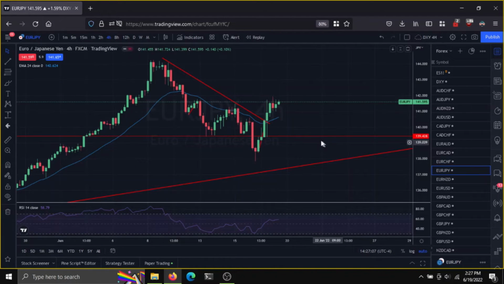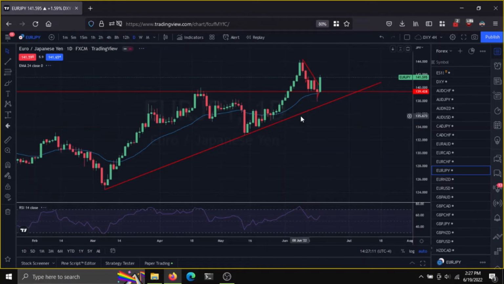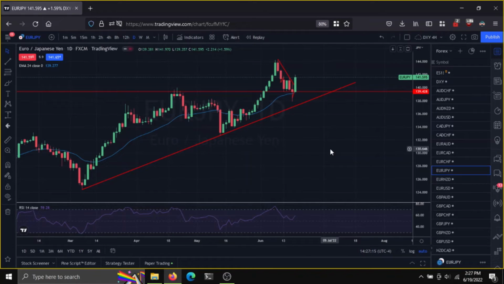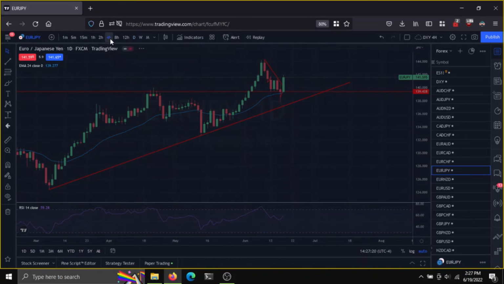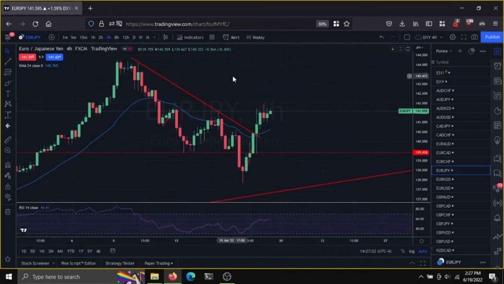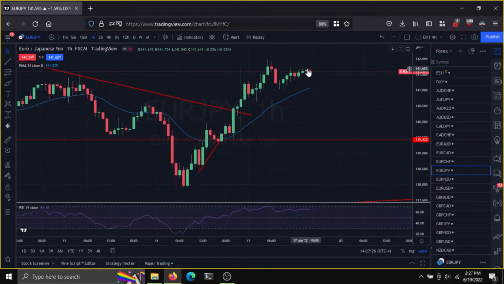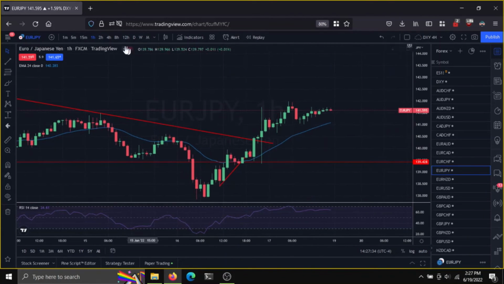EURJPY breaking up. On the daily, you see a big candle here. So I wouldn't jump in here. I would wait for a pullback, even if it's just on the hourly chart. Let's check it out. If you could get this, come down here, this area here, or even further, and then you get a nice signal candle to go up, that might be a good buy.